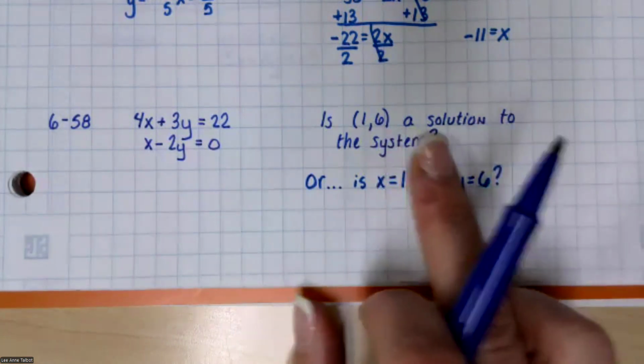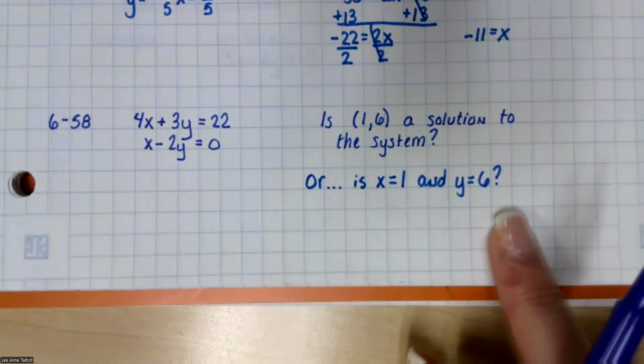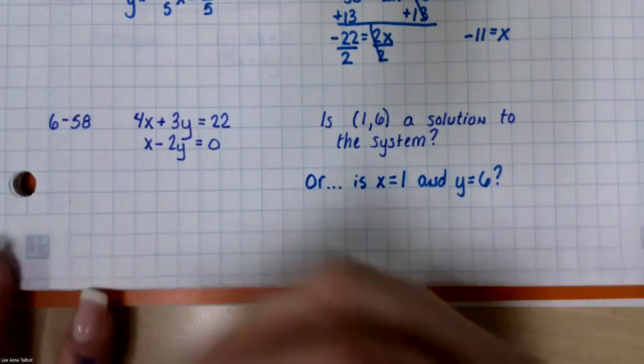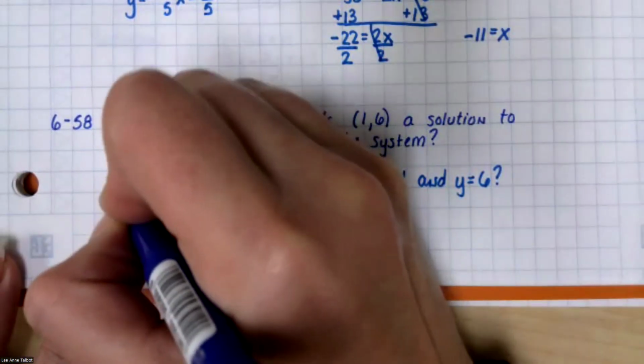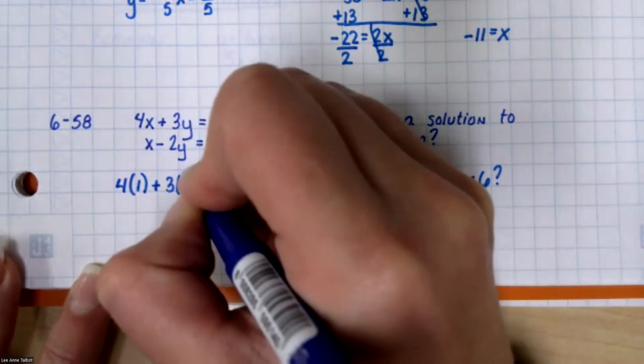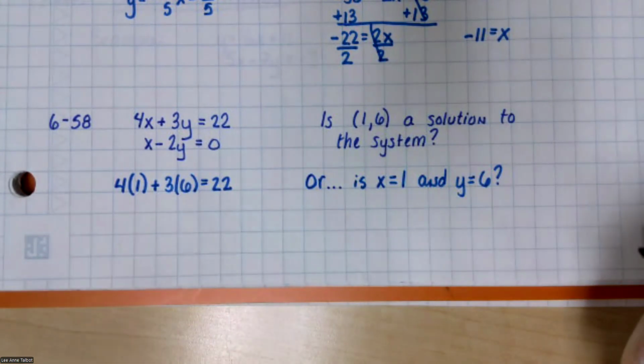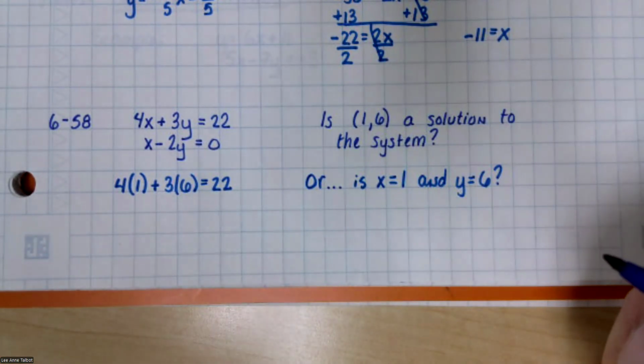So is (1, 6) a solution to the system is also asking, is x 1 and y 6? Okay, so let's put those in and see. So 4 times 1 plus 3 times 6 equals 22. Is that a true statement?